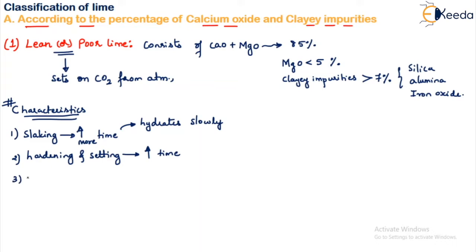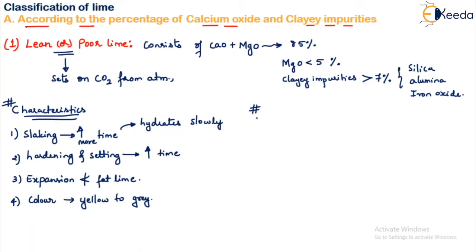Next, the expansion of the lean or poor lime is generally less when compared to the expansion of the fat lime. And the color of this particular lime varies in the range of yellow to gray. So these are some of the characteristics of the lean or poor lime which you should remember.